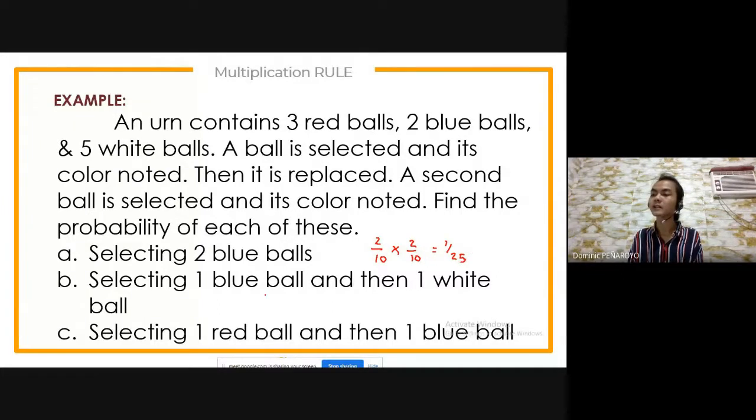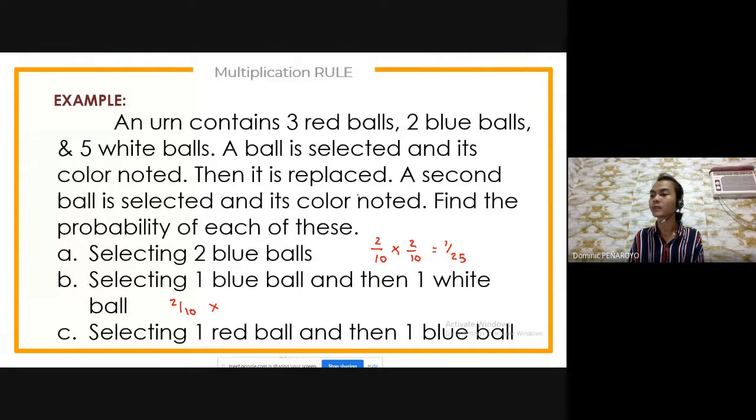Next, selecting 1 blue ball and then 1 white ball. On the first draw, what is the probability of getting a blue ball? Again, that's 2 over 10 since it is replaced.